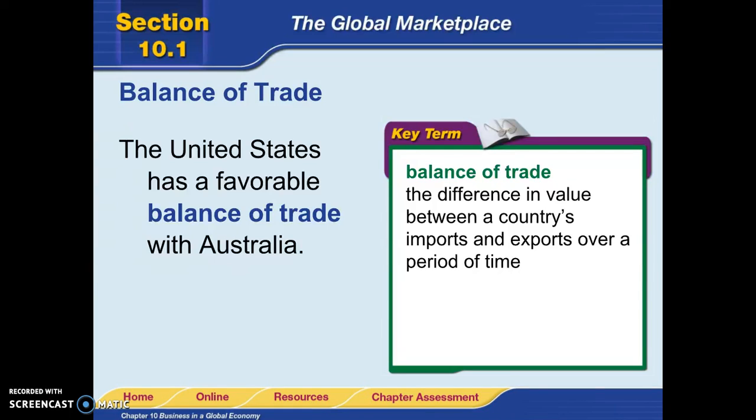Now, balance of trade. This is where we're looking at balancing the amount of imports and exports that a country is producing and receiving. So the United States, interestingly enough, has a favorable balance of trade with Australia. This is the difference in value between a country's imports and exports over a period of time. So the balance of trade with Australia is good.